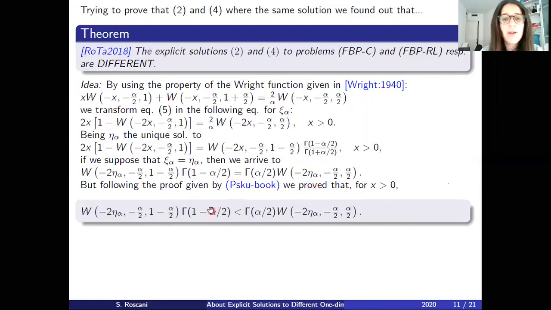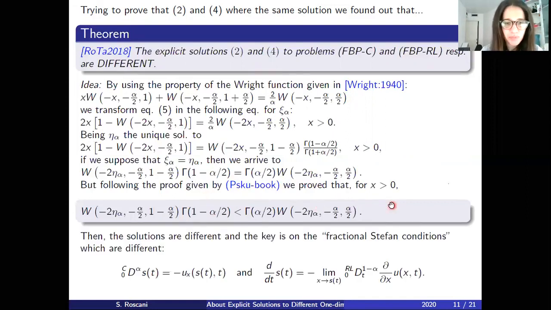So for alpha different from 1 over 2, they are different, and one is always bigger than the other. So we thought that these problems were the same, but they are not.